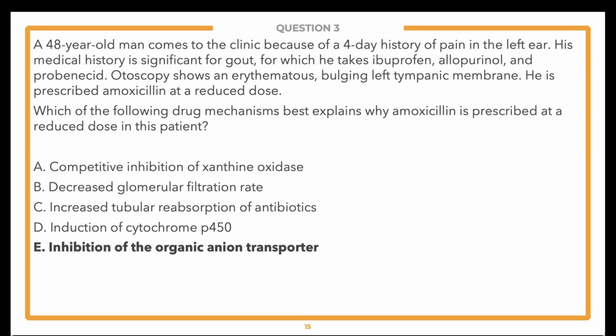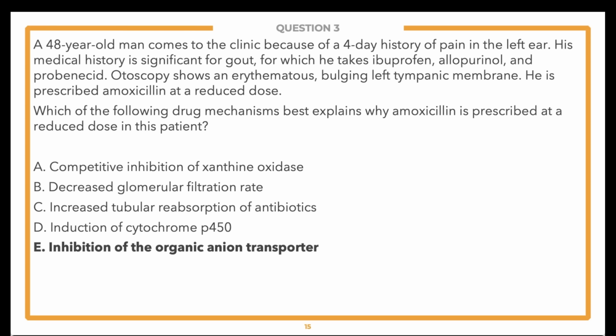Now, because it also inhibits the secretion of penicillins by inhibiting these organic anion transporters in the proximal tubule, probenecid, as a result, will increase the serum concentration of penicillins like amoxicillin, which will then cause you to want to do a dose reduction. So you need to know the mechanism of action of that medication in order to know why we're giving reduced levels of penicillins, and it is a high yield question.